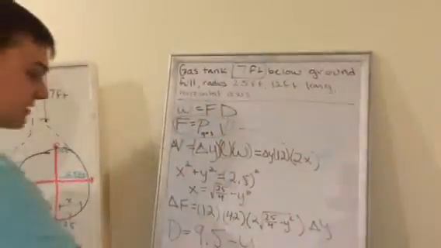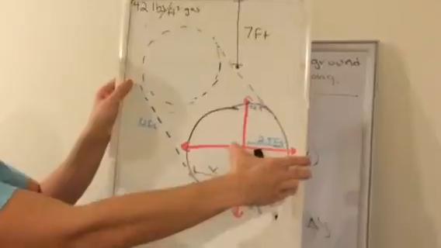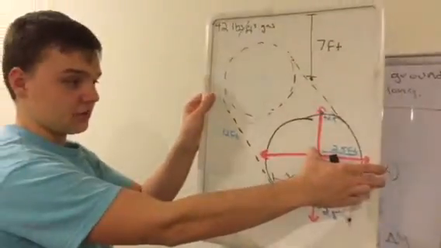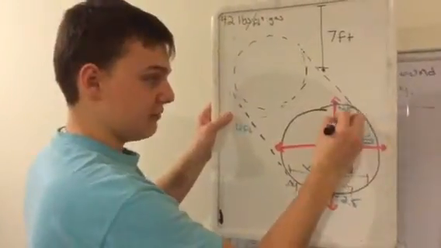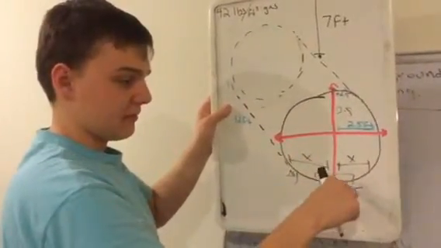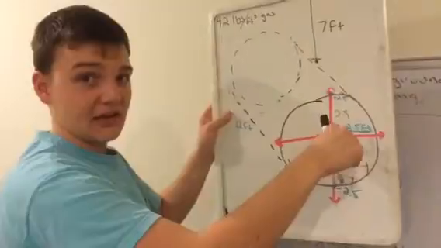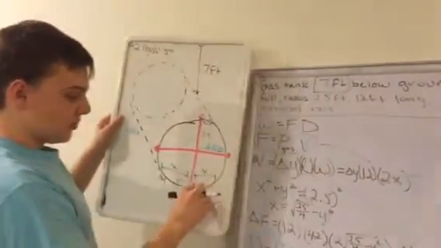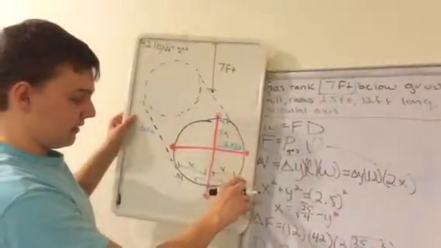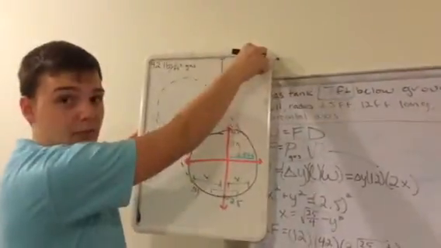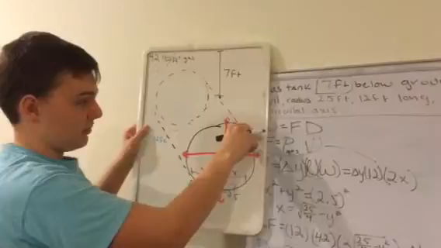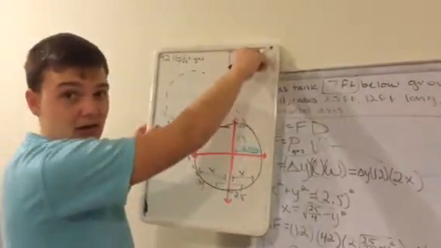Well, it's not 7 because we made our origin the center of the circle. And the center of the circle is 2.5 feet below the top of the tank and 2.5 feet above the bottom of the tank. So total, the liquid at the bottom of the tank will be traveling 12 feet up, and the liquid at the top will be traveling 7 feet up.